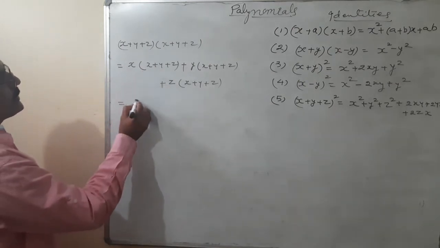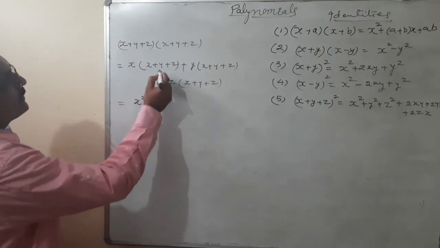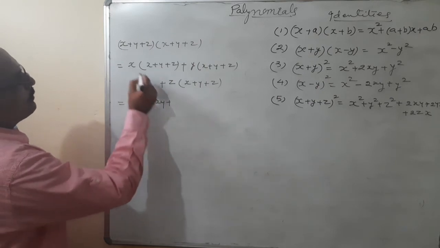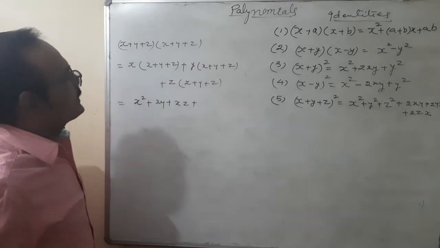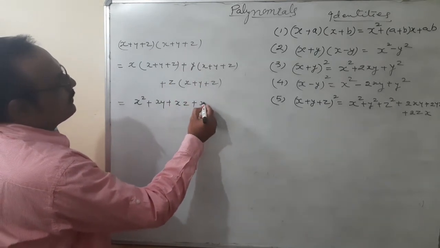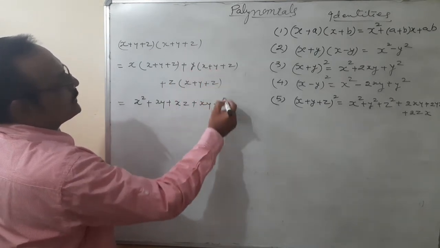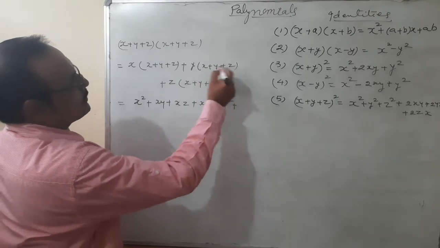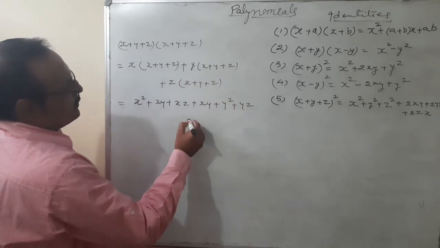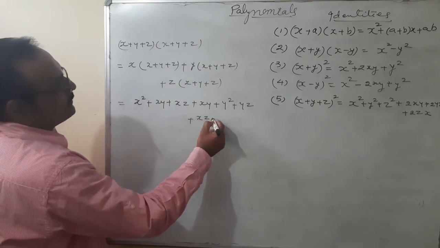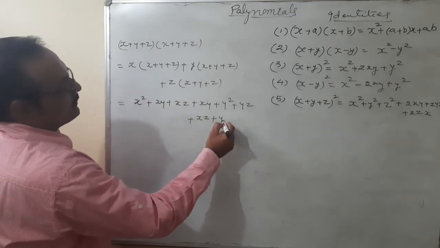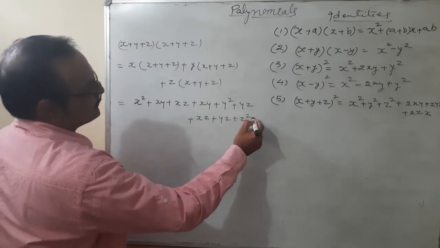So it is x square plus xy plus xz, plus yx or xy, plus y square plus yz, plus zx or xz, plus yz and plus z square.